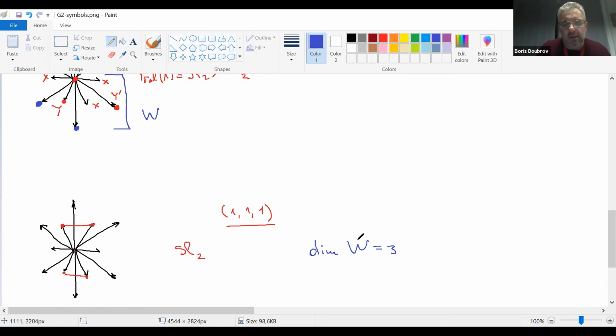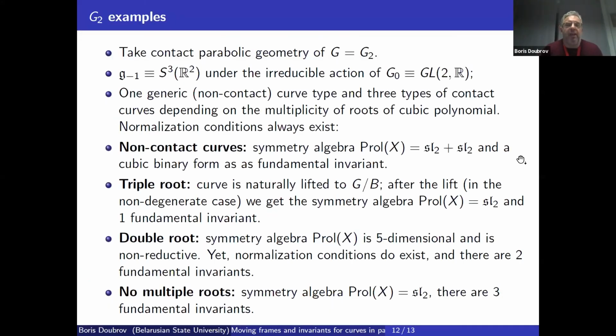So again, I think the purpose of this was just to give you an idea how, in general, this works. To return to the lecture: the complete understanding of curves in parabolic homogeneous geometries is actually governed by SL2 triples.